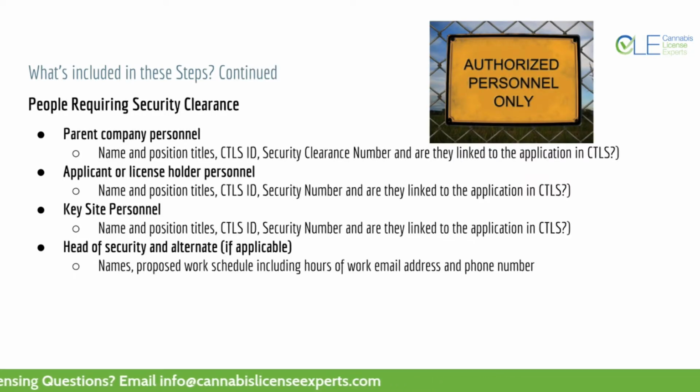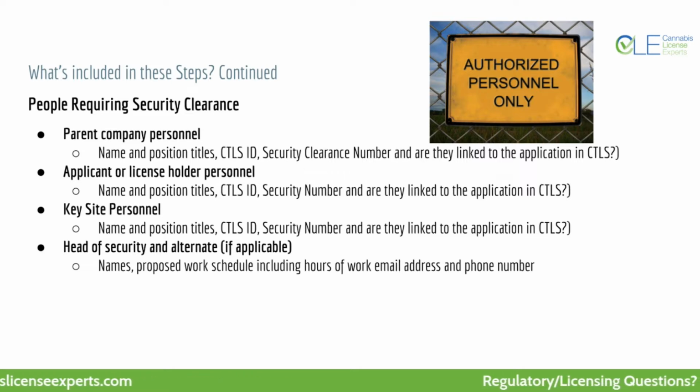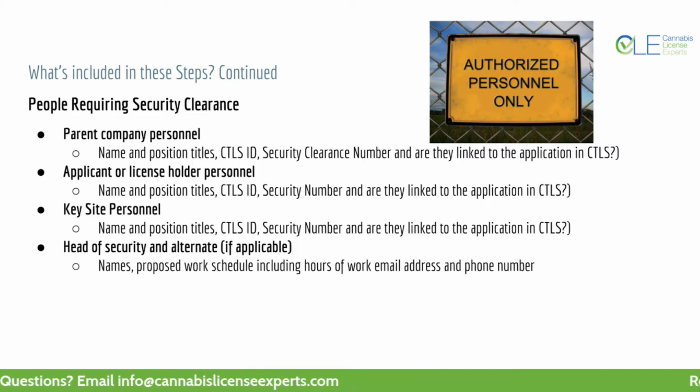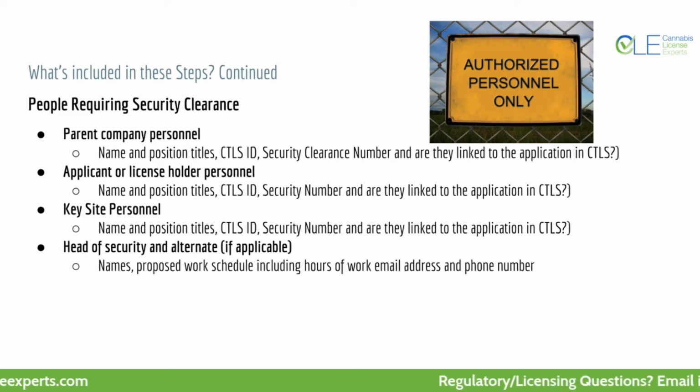Okay, so moving on to people requiring security clearances. This can be looked at as several subcategories. First, you're going to outline the parent company personnel, including their name, position titles, their CTLS ID, security clearance numbers, and if they're linked to the application in CTLS.